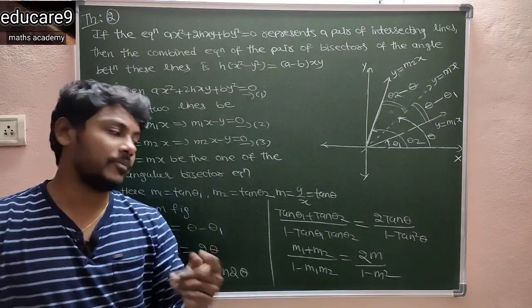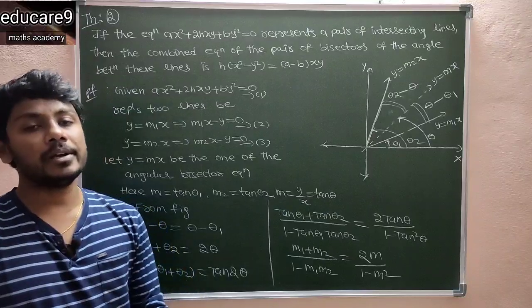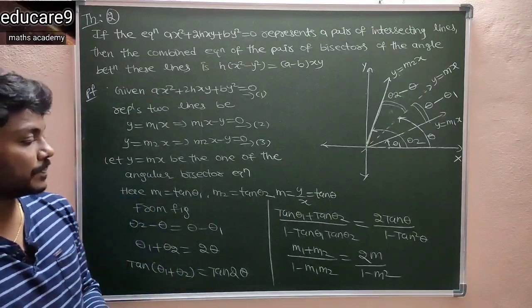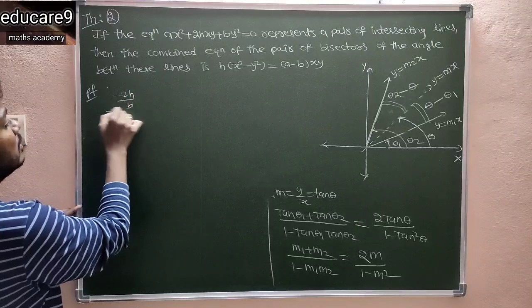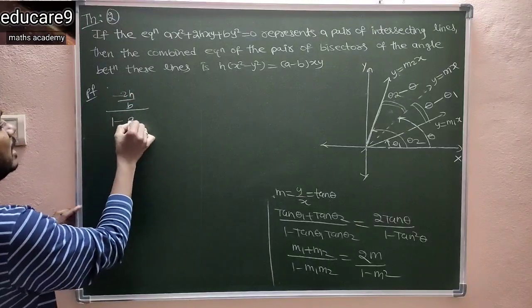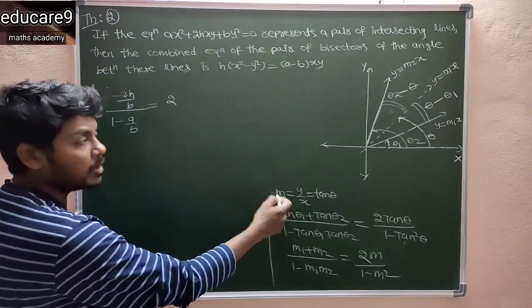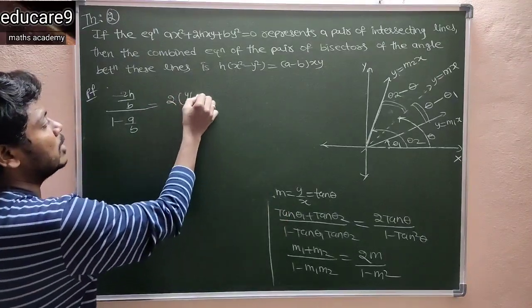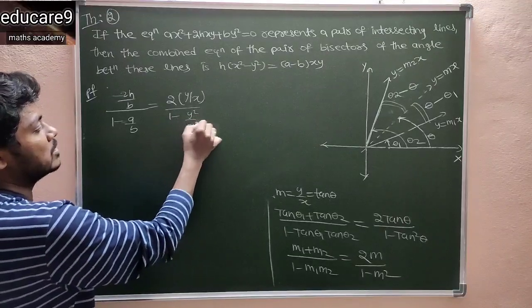So you know the sum of the slopes formula is minus 2h by b and the product of the slopes formula is a by b. So here m1 plus m2 is minus 2h by b, divided by 1 minus a by b. So this is equal to 2 into what is the m value? y by x. So 2y by x by 1 minus y square by x square.